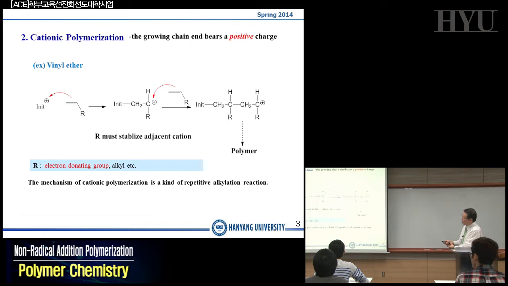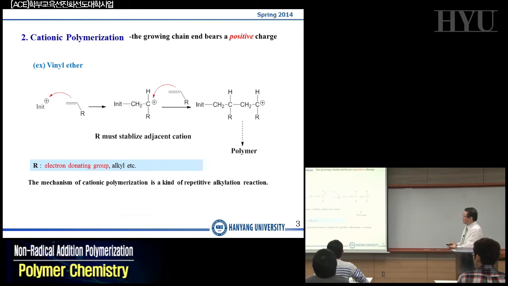It will attack this initiator, which contains a positively charged chain end. With this reaction, you form a positively charged chain end called carbocation, and this way this reaction will be repeated to become a polymer.